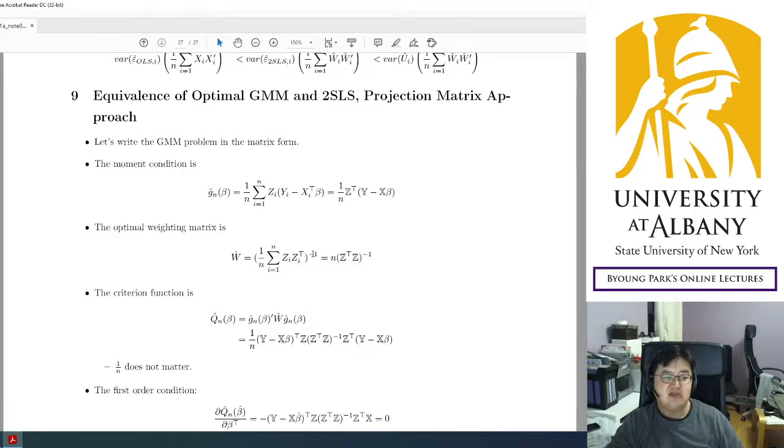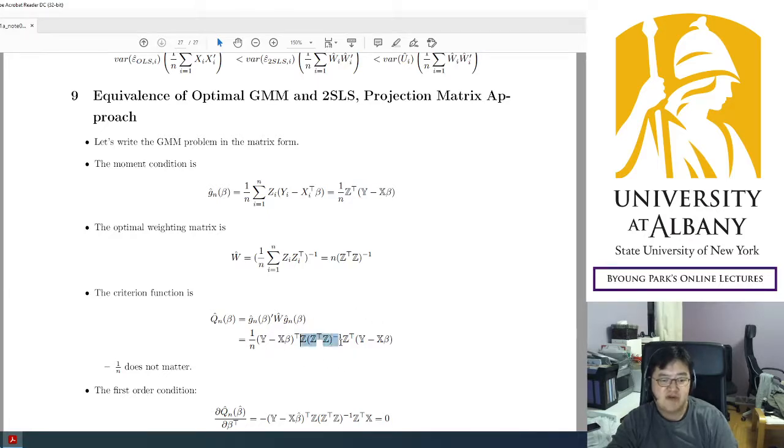Then given this weighting matrix and this moment condition, the criterion function is the moment function prime times the weight times the moment function, which is like this. This times this again, and we have this.